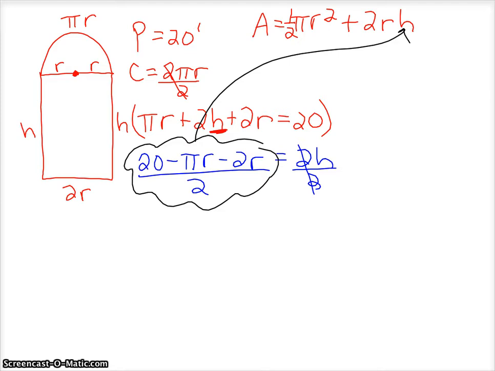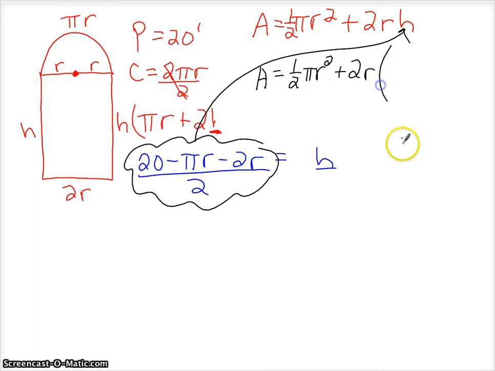I'm going to erase some here so that we have room. So I need to substitute this whole thing in for h now. So I'm going to get 1/2 pi r squared plus 2r times this h, which is 20 minus pi r minus 2r all over 2. Now some things simplify here, which makes this kind of nice.